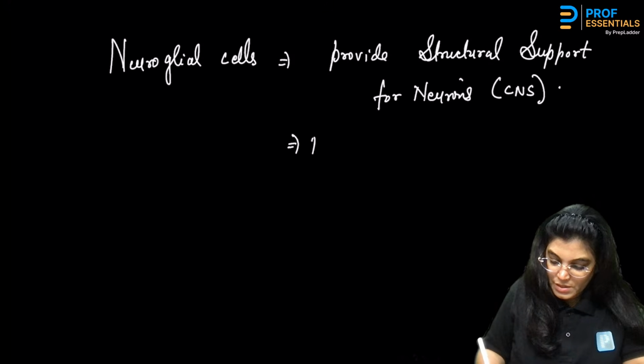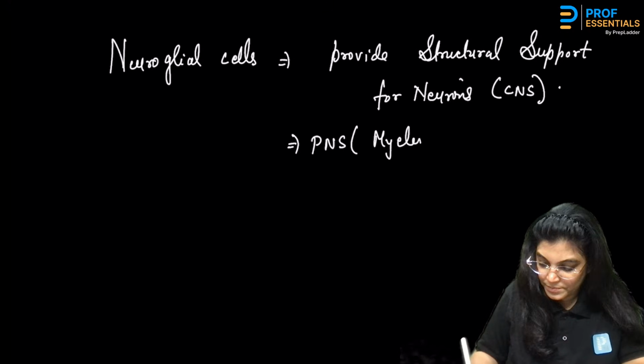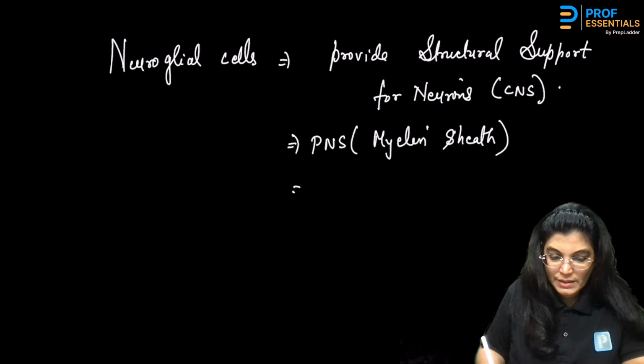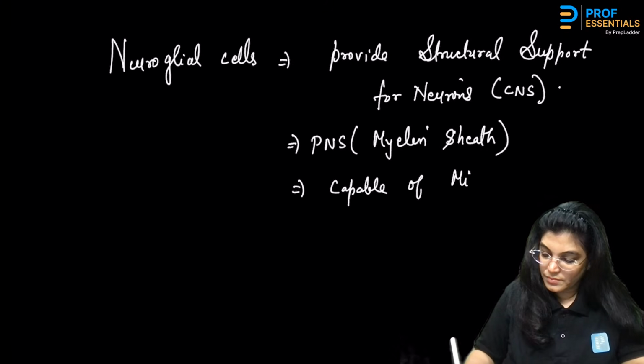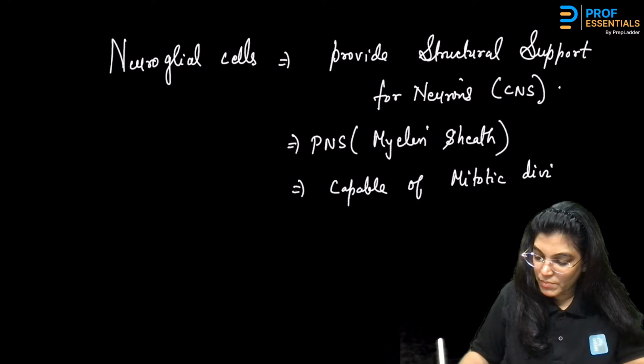In the peripheral nervous system, the other support they provide is the formation of the myelin sheath, and they are also capable of mitotic division.